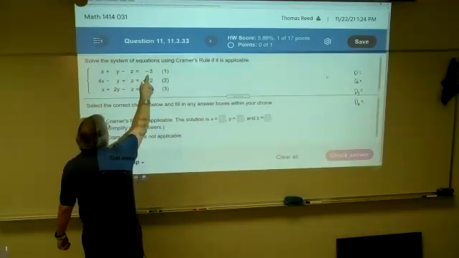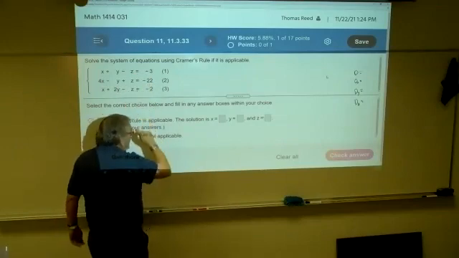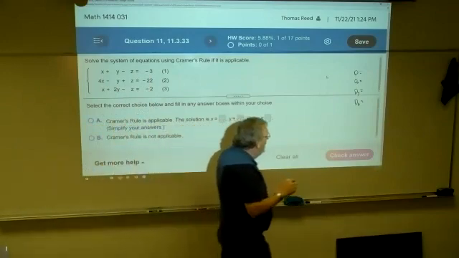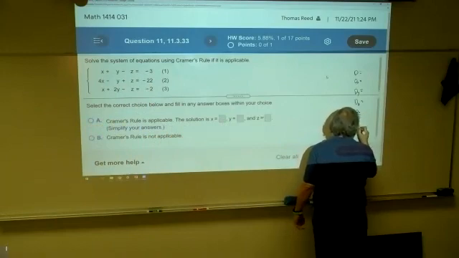So -1 becomes -3, +1 becomes -22, and -1 becomes -2. Because once I find those, x equals D sub x divided by D, y equals D sub y divided by D, and z equals D sub z divided by D.